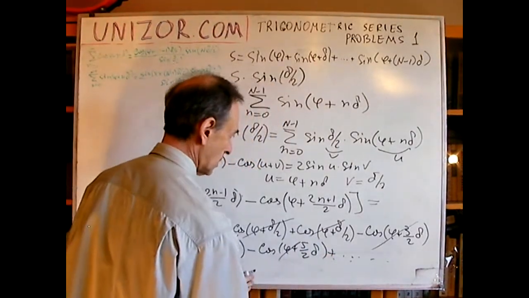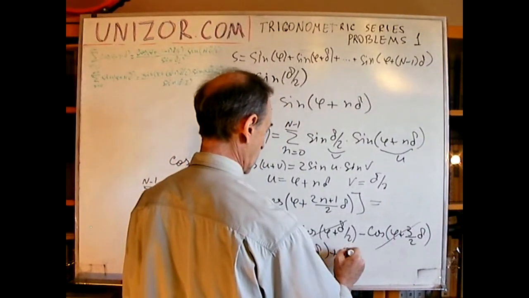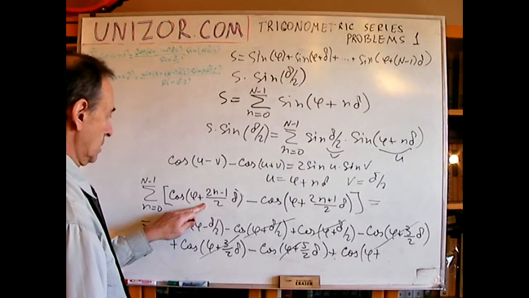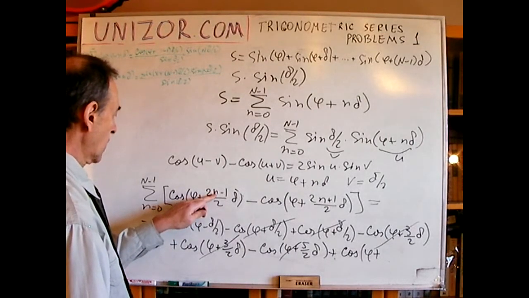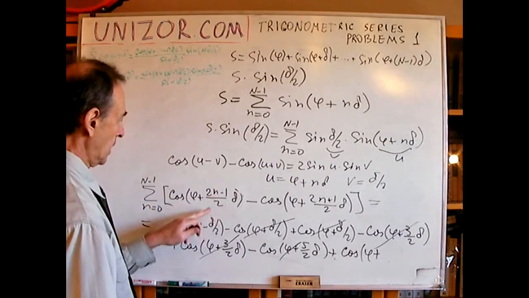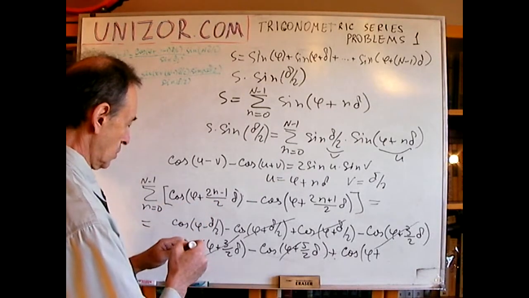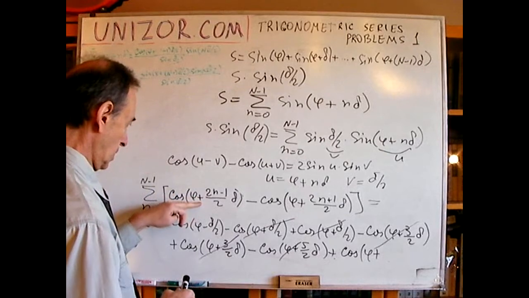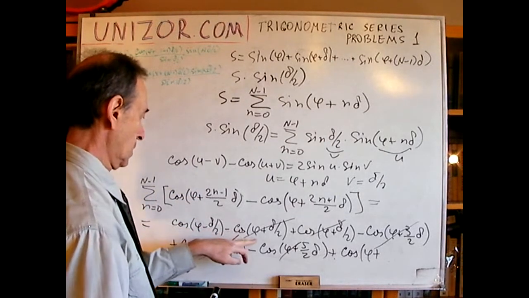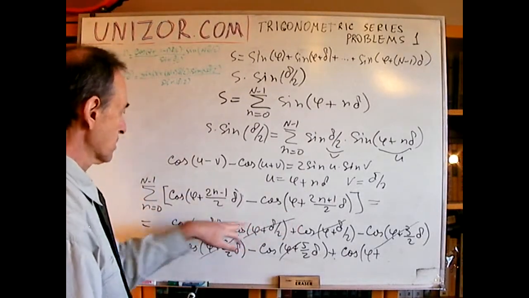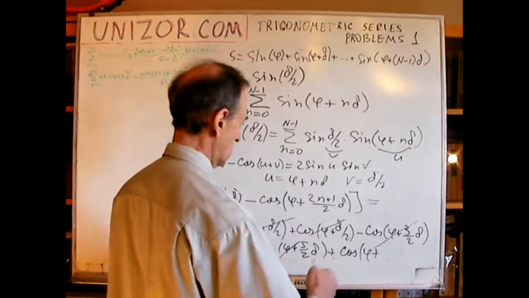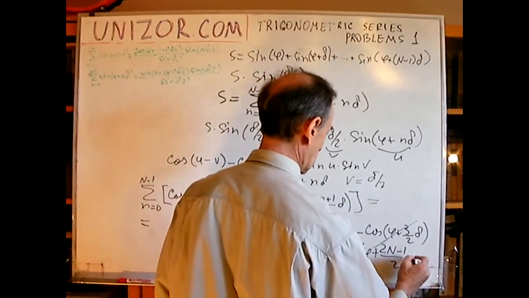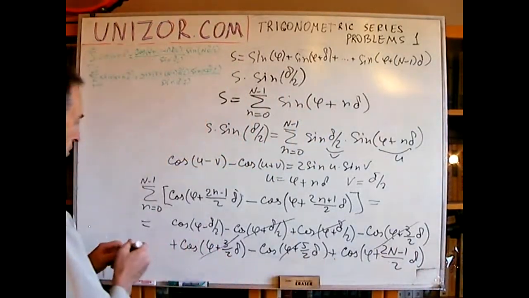That would be cosine of phi plus, this one will be reduced with the previous one, so this one will remain: plus (2n minus 2 plus 1) minus 1 over 2 delta. That's the one which will not be reduced.